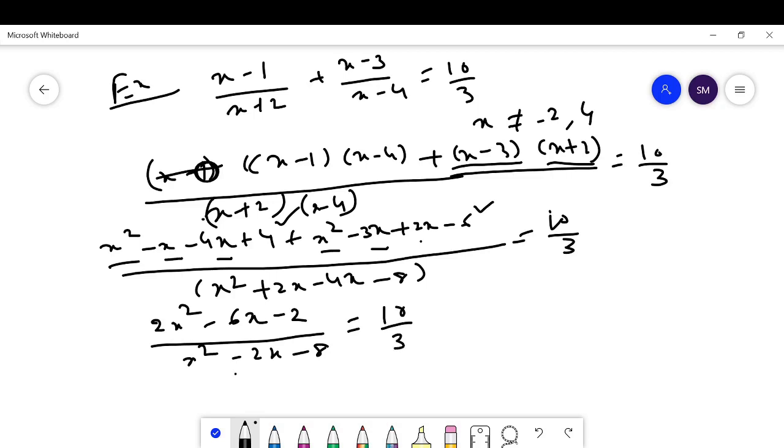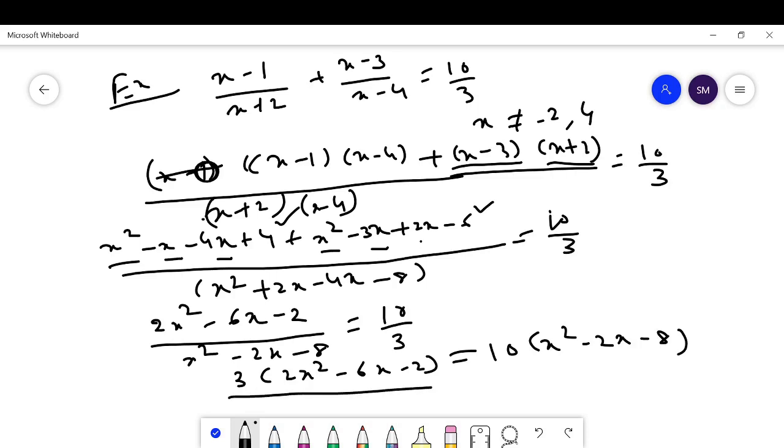Then use cross multiplication: 3 into (2x square minus 6x minus 2) is equal to 10 into (x square minus 2x minus 8).